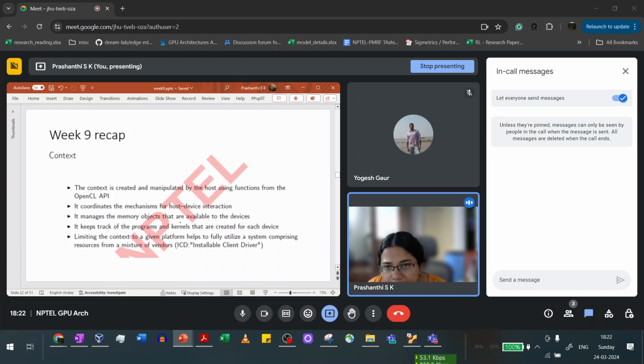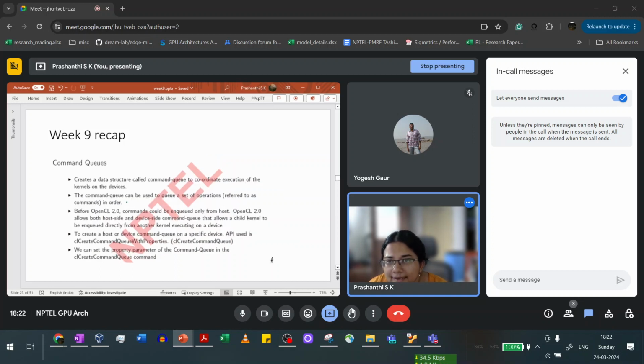It manages memory objects that are available to the device, keeps track of programs and kernels that are created for each device. The main thing to remember about the context is that it is limited to a given platform, and that helps to fully utilize a system comprising of resources from a mixture of vendors.